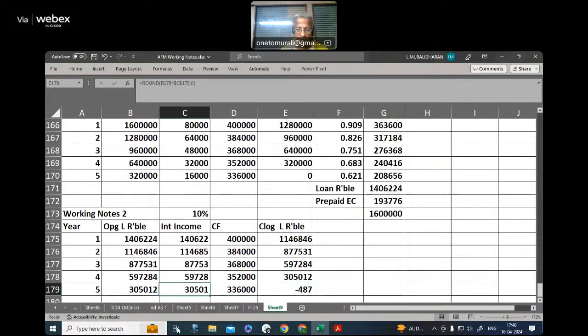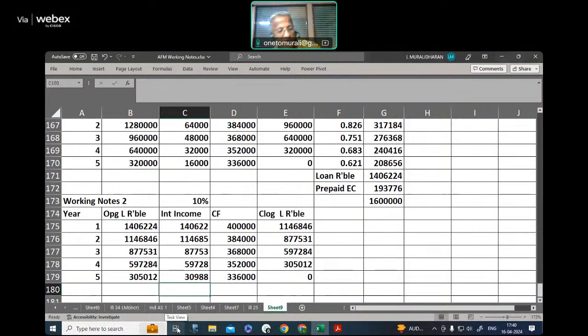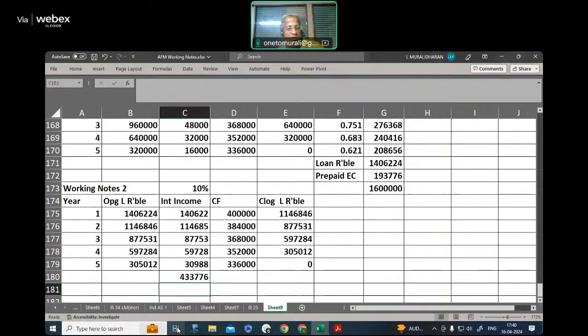So this figure has got to be altered then. Interest income has got to be booked to the extent of 433,776. This much is the income that you have got to report. And please also understand the amortization of prepaid employees cost. How much will you be taking? This divided by 5.